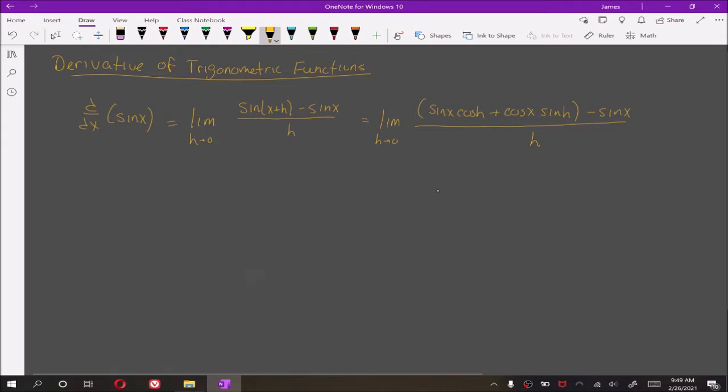Now let's factor out a sine of x. And we'll be left with cosine of h minus 1. I'm also going to write this as two fractions, then plus cosine of x times sine of h all over h.